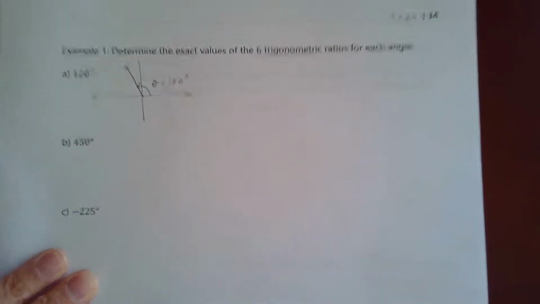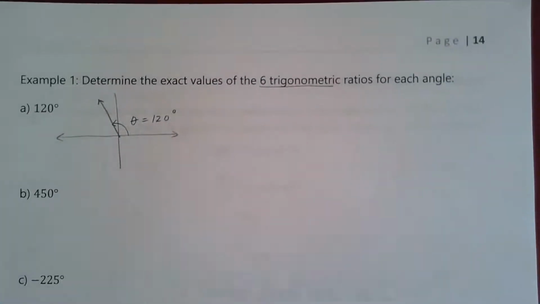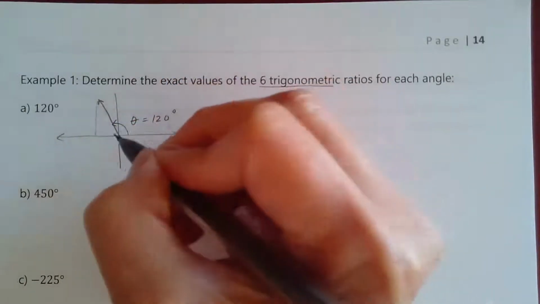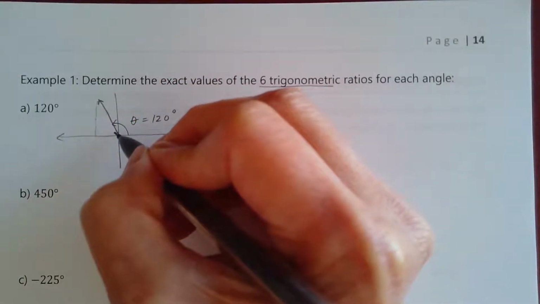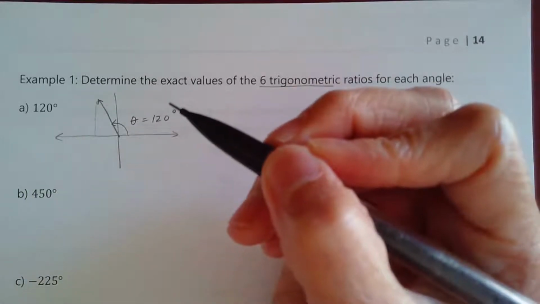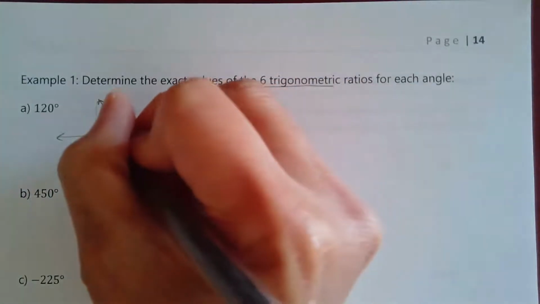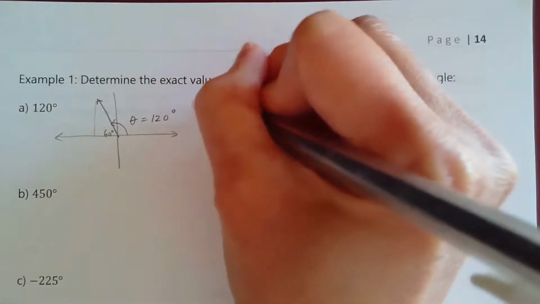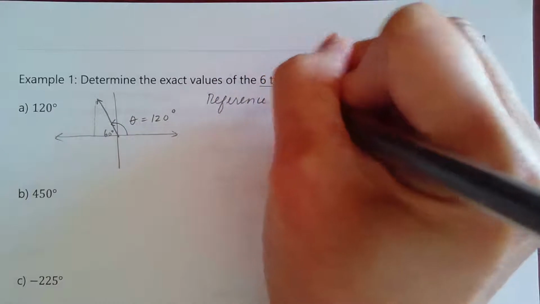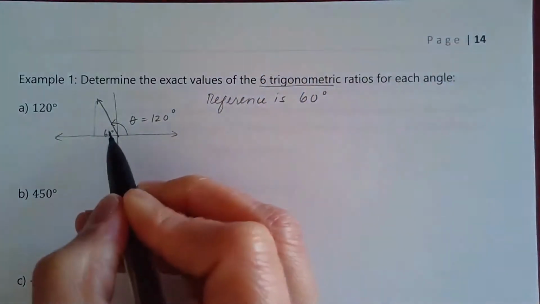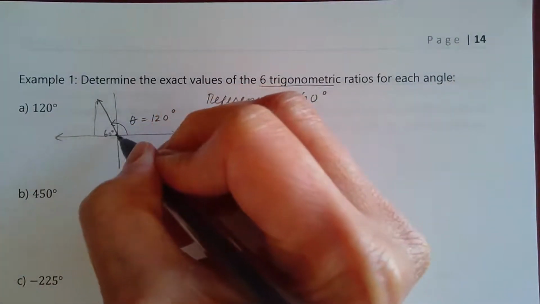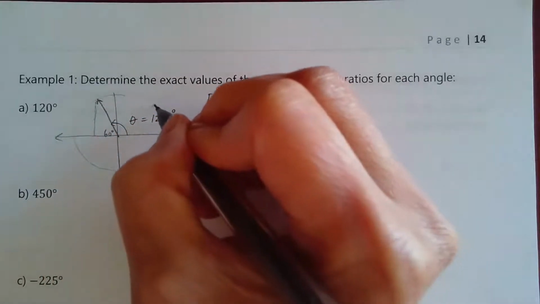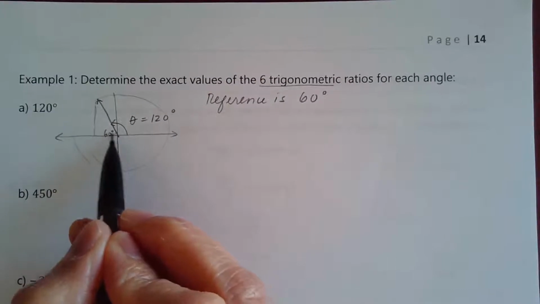Now, because it's 120 degrees there, we could figure out the reference angle. So the reference angle there is going to be 60 degrees. Now, imagine our unit circle there. Okay, so 60 degrees.